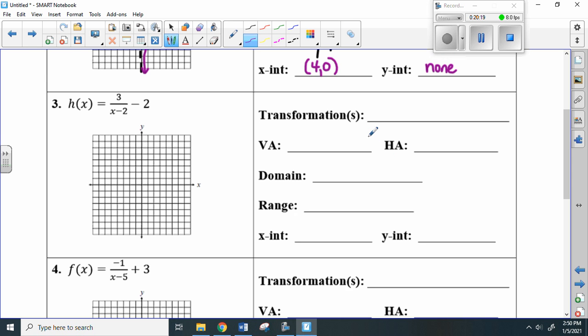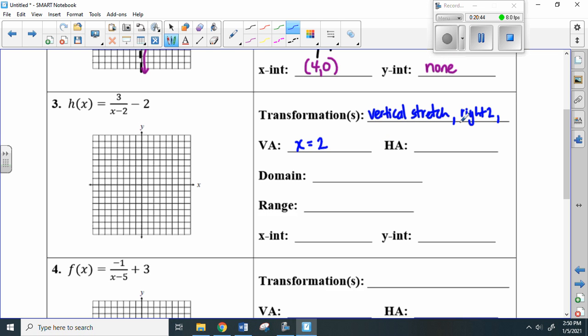Number 3, transformation. Well, a 3 on top is going to make a vertical stretch. A -2 on the bottom is going to make a right 2. So if I shift to the right 2, my vertical asymptote should be at x equals 2.